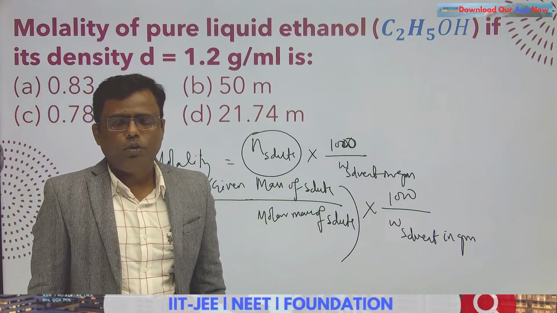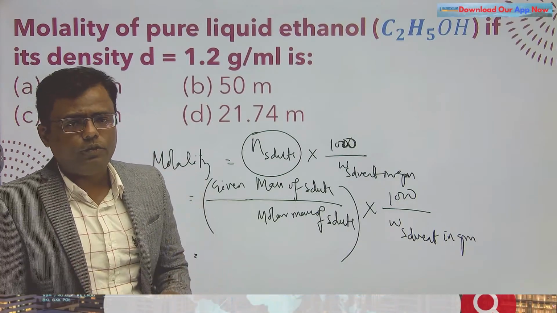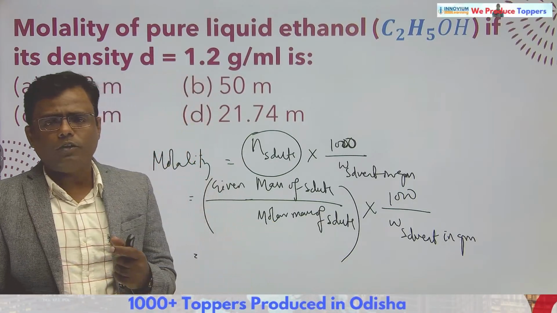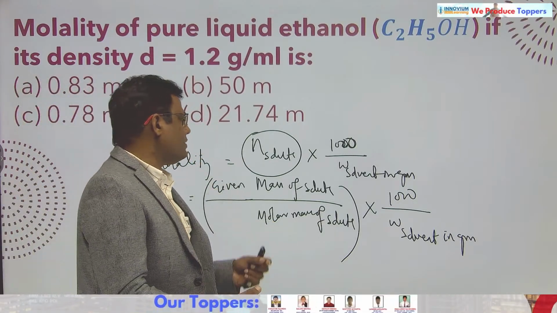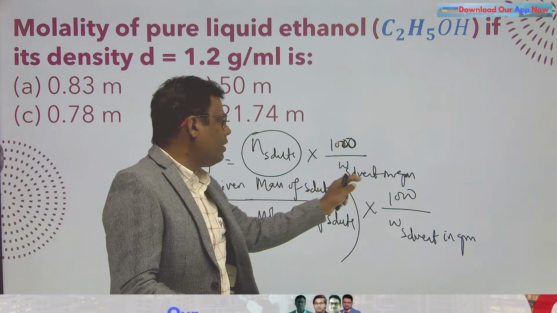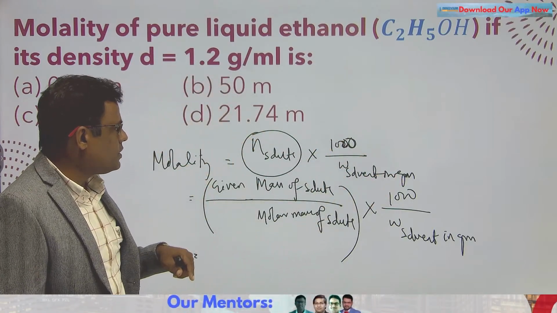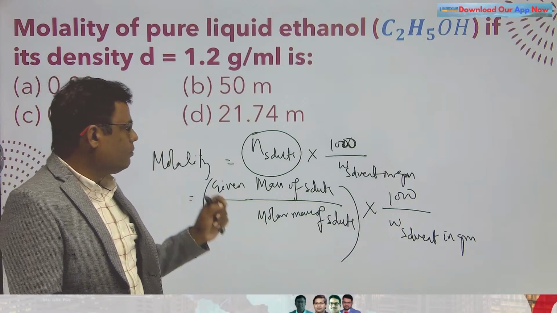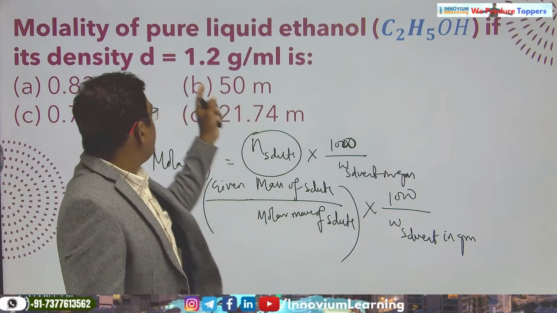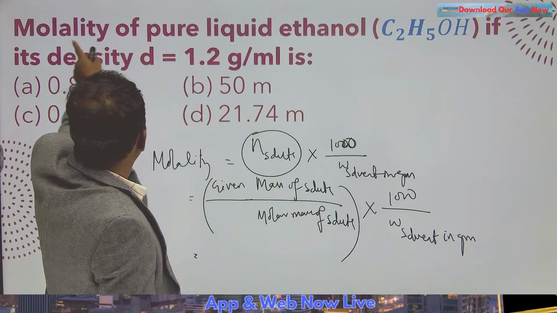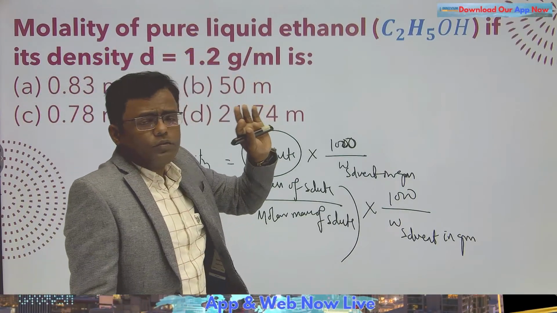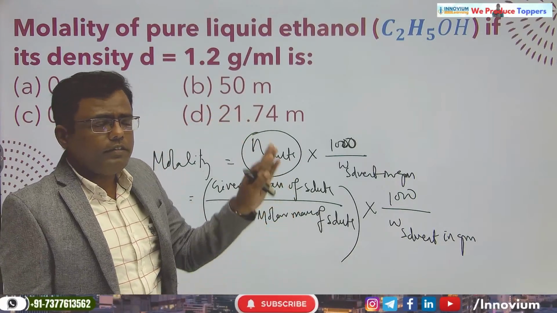Now, the point is here, in this case, suppose the question asks to find the molality of a pure liquid. Molality of pure liquid, not a solution. If a solution is given and for that solution molality is asked, then we can use number of moles of solute into 1000 by W solvent in gram. Now, instead, if the question gives molality of a pure liquid, in this case no solute is there.